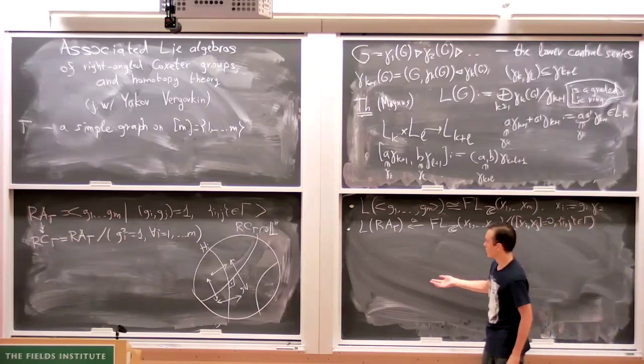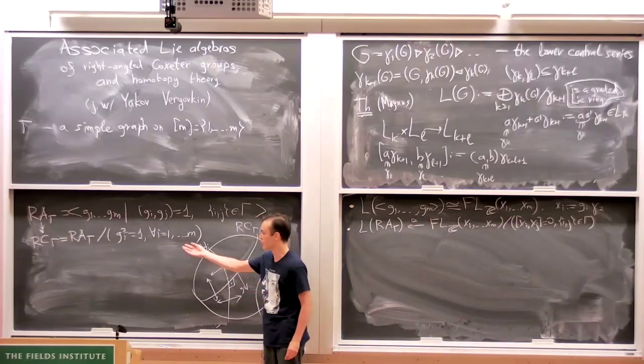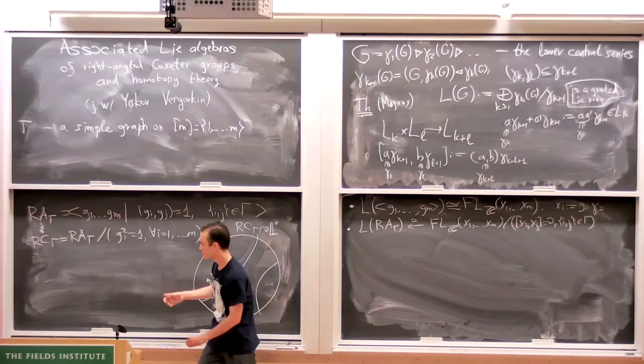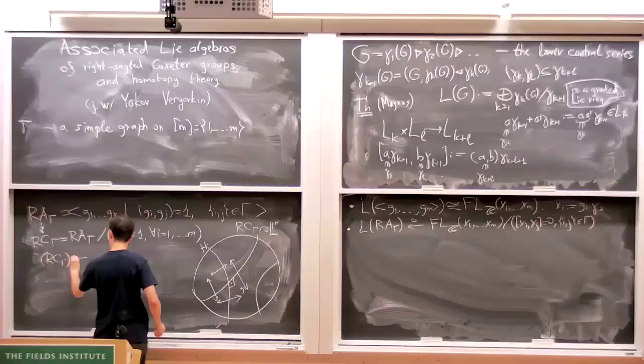And this works for any group G such that the first homology is torsion-free. But for right-angled Coxeter groups, this doesn't work because the abelianization is a torsion group. This is a direct sum of m copies of Z2.